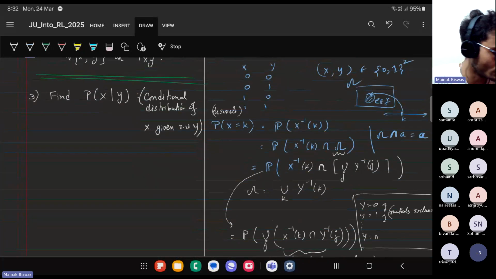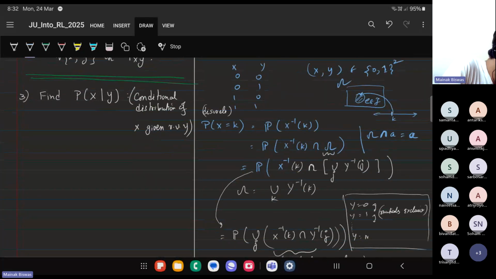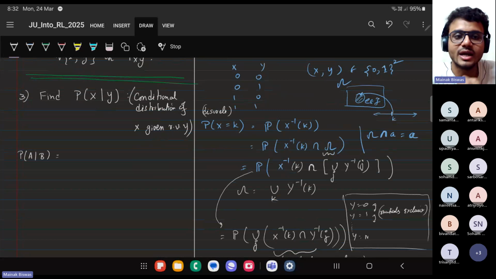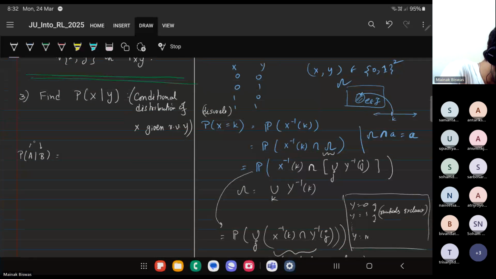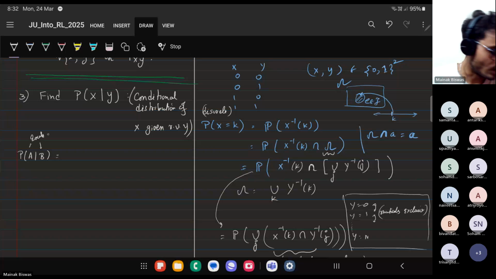So first of all, try to recall what is probability of A given B. What does it mean? How did I intuit this, and how did I bring it in the class when I was referring to A and B as events? What did I say? I had said that it is the intersection of A and B divided by B. Yes or no?